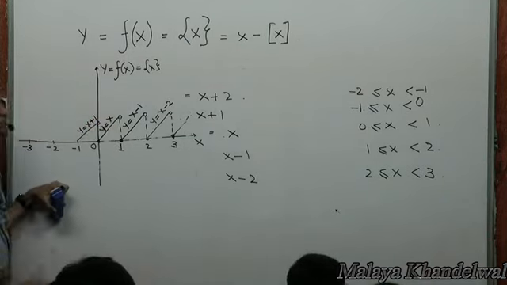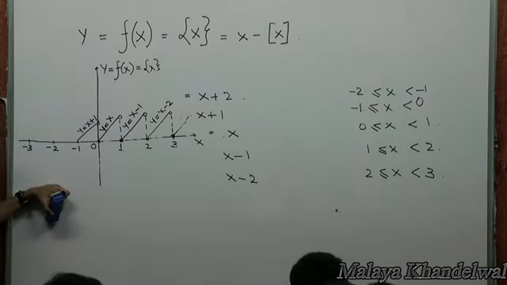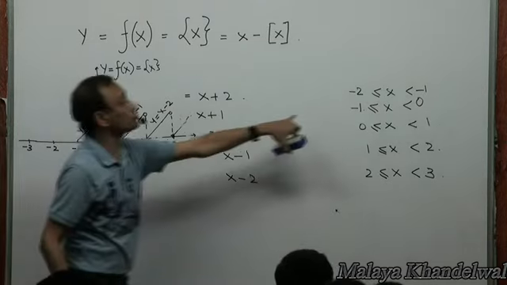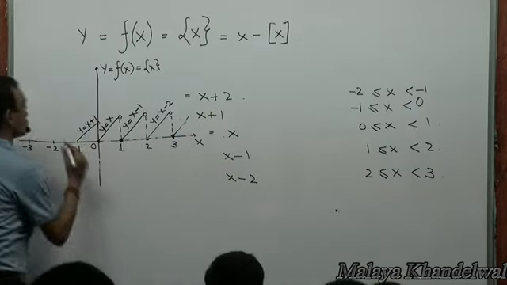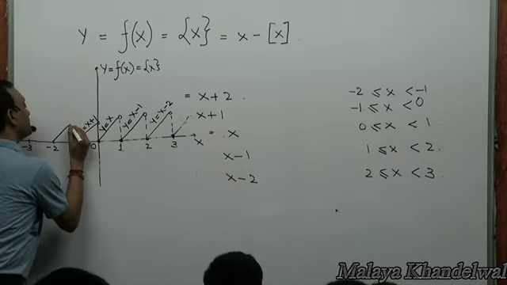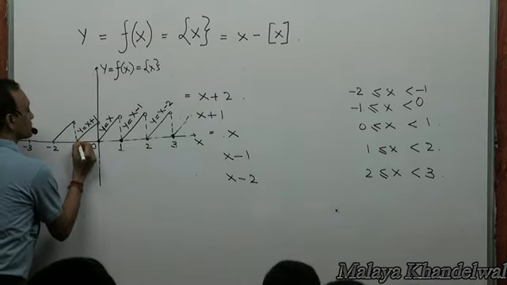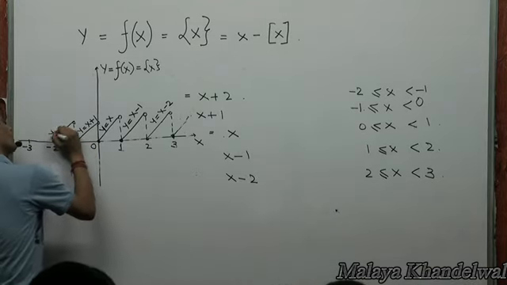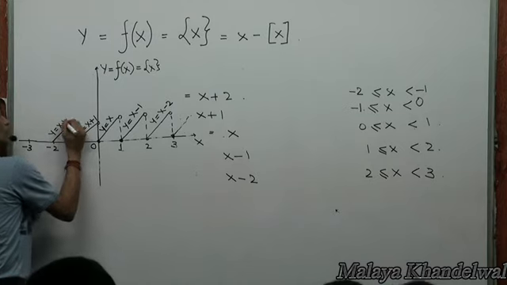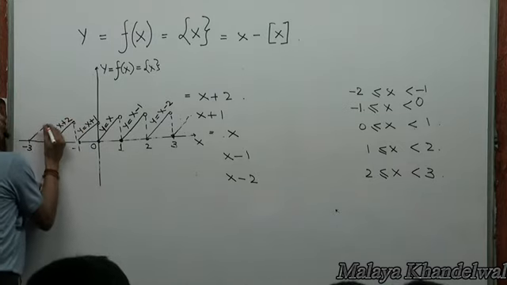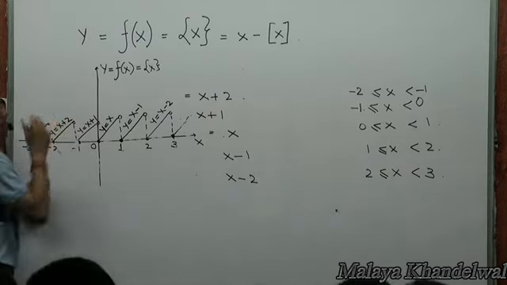Yes or no? Between minus 2 and minus 1, again x plus 2, and so on and so forth. Left end always included in the description, right end always excluded. And so on and so forth.